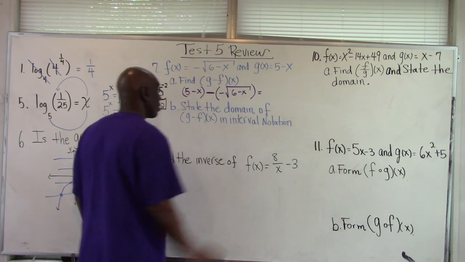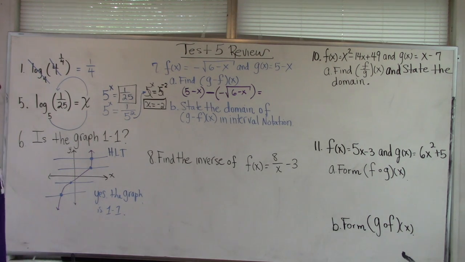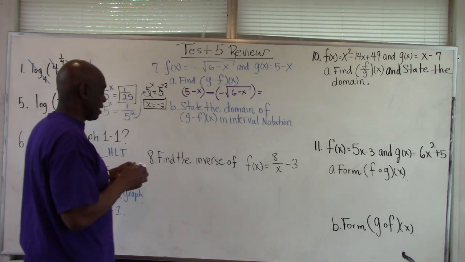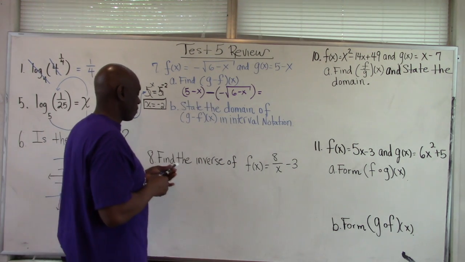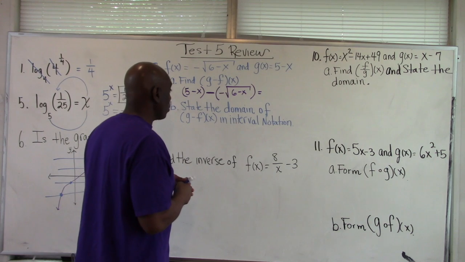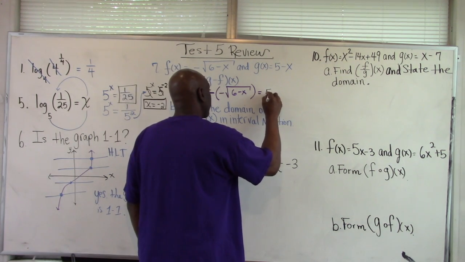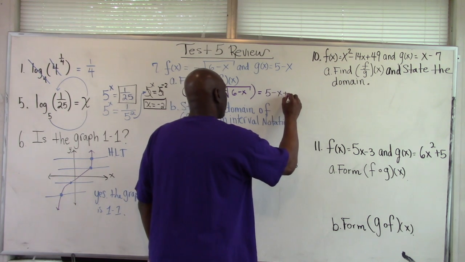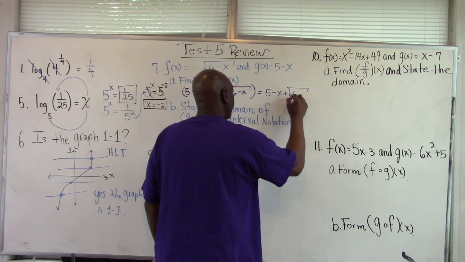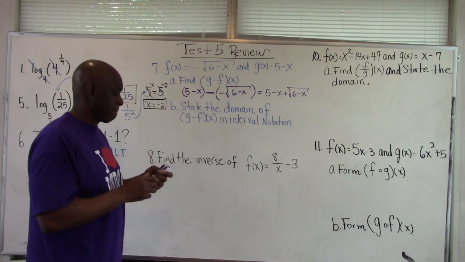Alright, which equals... What you have to recognize here is that a negative times a negative is a positive. So it's going to equal, here we go, 5 minus x plus the square root of 6 minus x. And we'll stop right there.